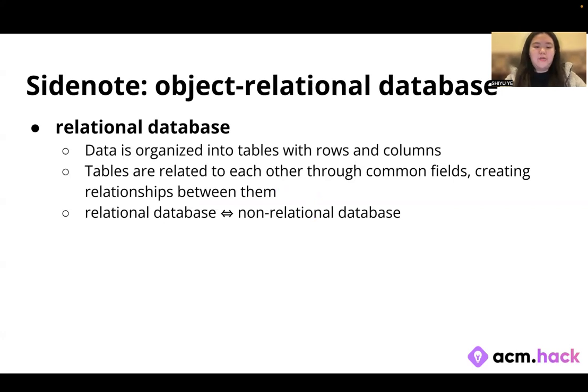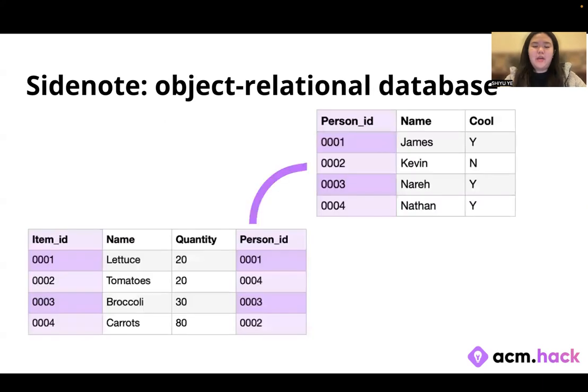So when we talk about relational databases, we often talk about the opposite, which is non-relational databases. We'll see what that is in a second. So right here, I have a visualization of a relational database. As you can see, I have two tables over here. One is obviously a list of persons. Every person has an ID, a name, and an indicator of whether they are cool or not.